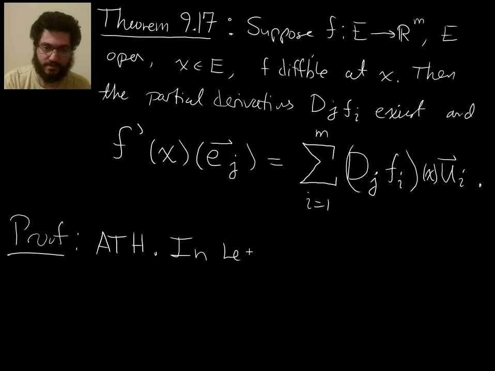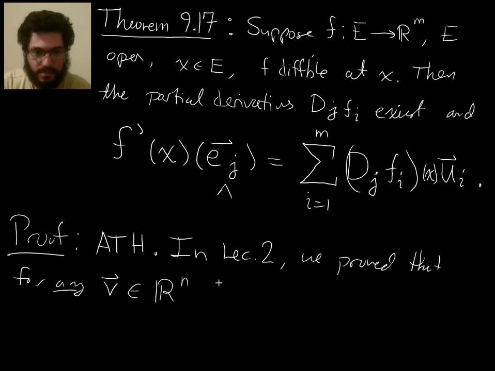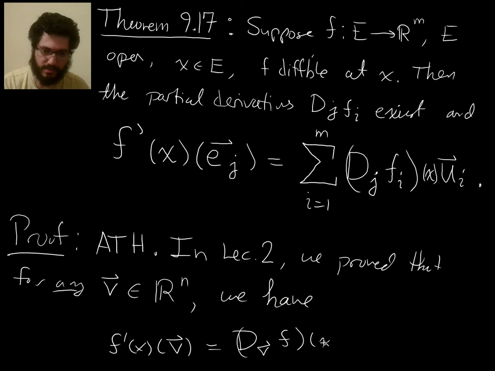In lecture 2, we proved that, in fact, for any vector v in R^n, so it doesn't have to be a standard basis vector like this one, we have f prime x at v is the directional derivative in the v direction of f at x.